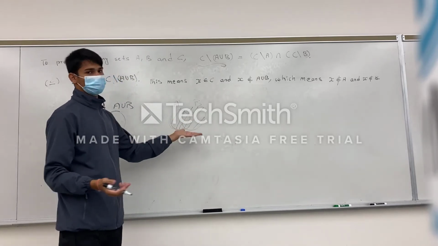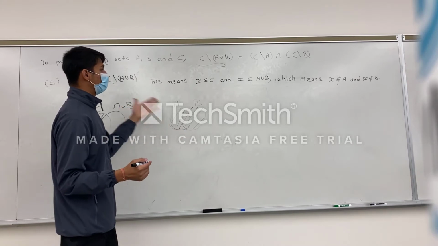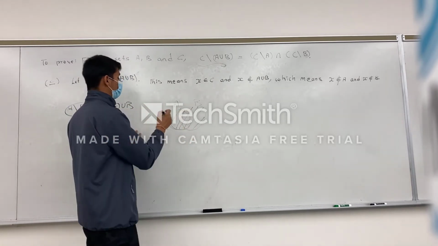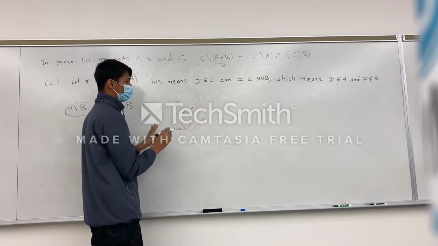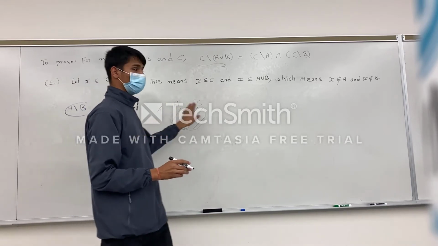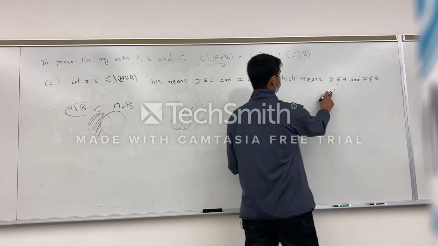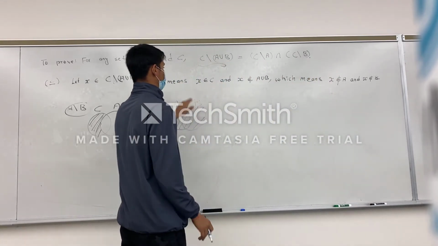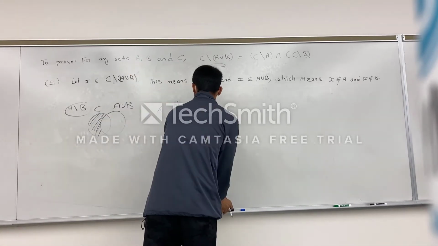If someone says X does not belong to A union B, they are telling us that X is lying somewhere else but not anywhere in A union B. That means X does not belong to A and X does not belong to B. That is what I just wrote here. So X belongs to C, but X does not belong to A and X does not belong to B.